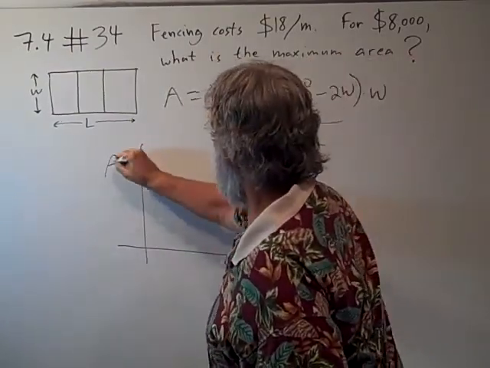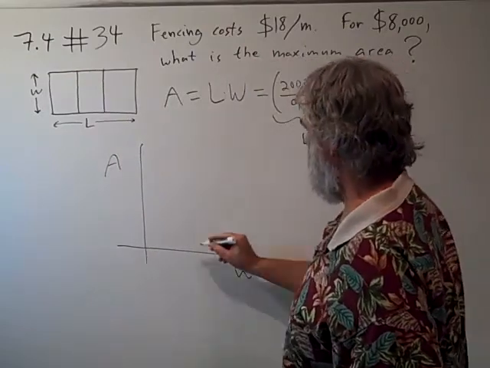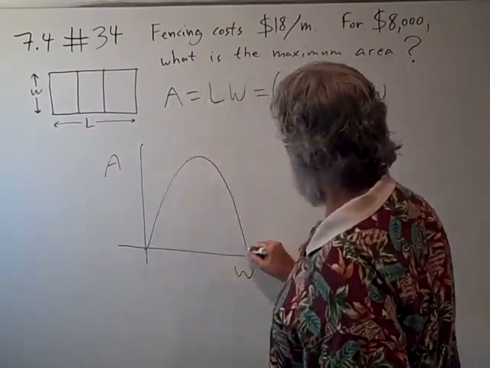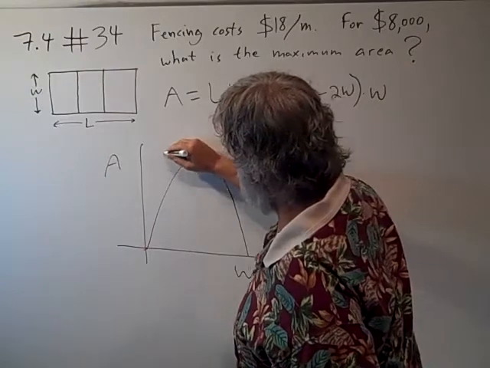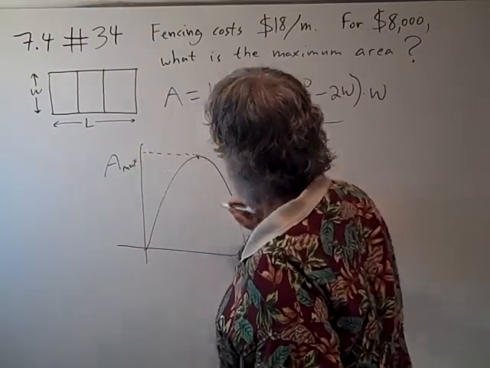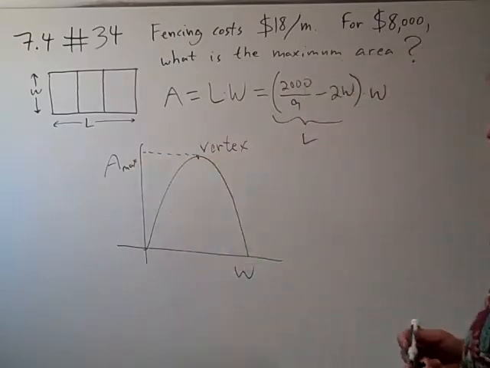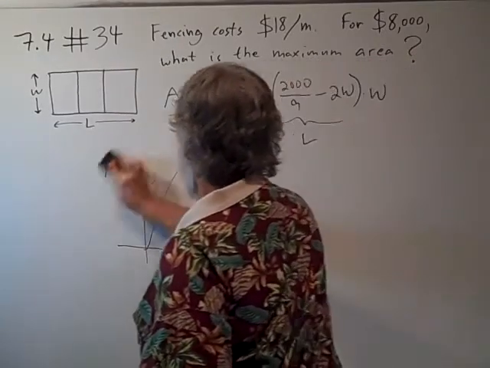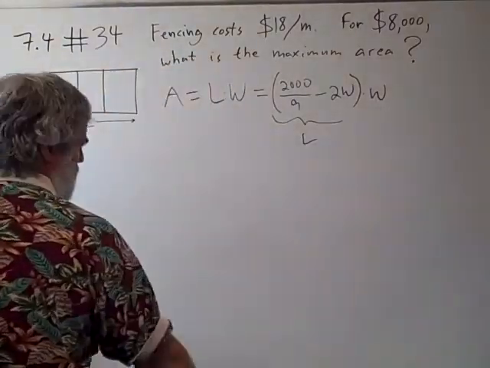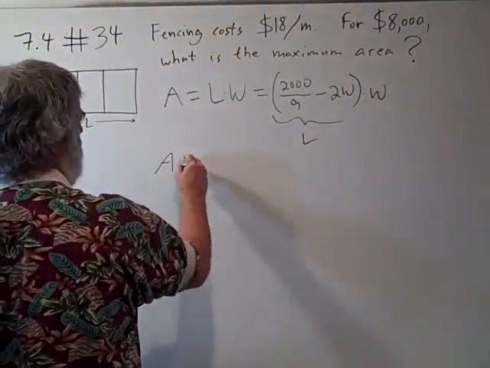It looks, here's the area, and here's W. And it's a parabola that looks something like this. And its maximum, well, at its vertex, you'll find the maximum area. So let's find the vertex of this parabola. Let's write it in a more standard form first.